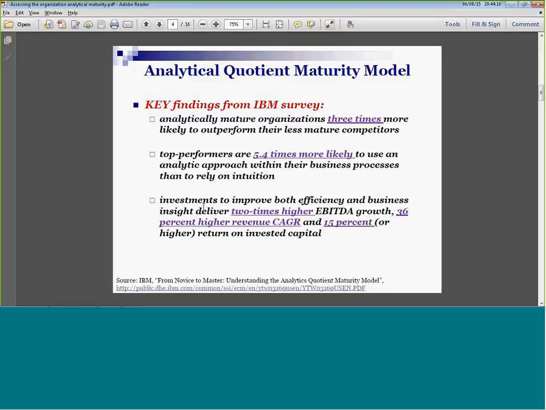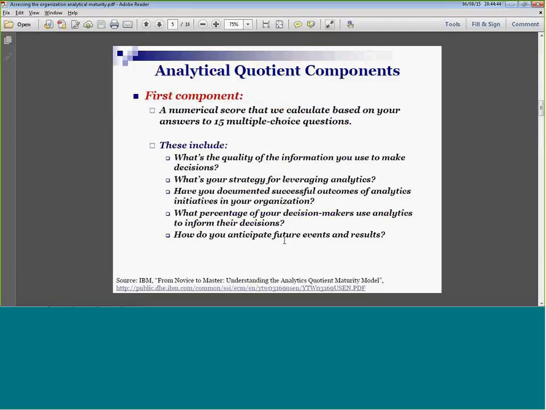Investments to improve efficiency and business insight, 2 times higher. EBITDA, well, that's a finance term, but it means earnings before interest, taxes, depreciation, and administrative expenses. But it just means you're making more money. You're doing better, okay? 15% higher return on invested capital. So this was part of what they found. So again, support for the idea of becoming more analytically mature.